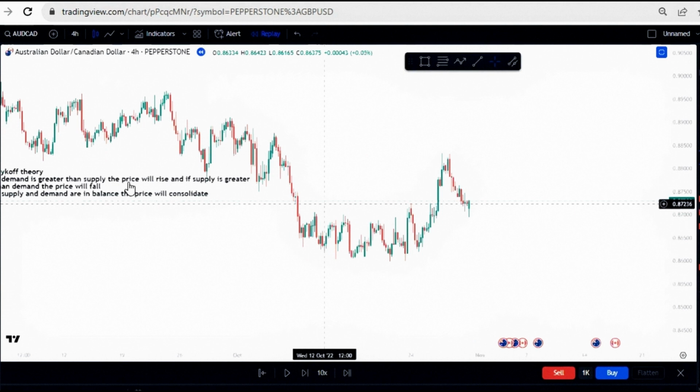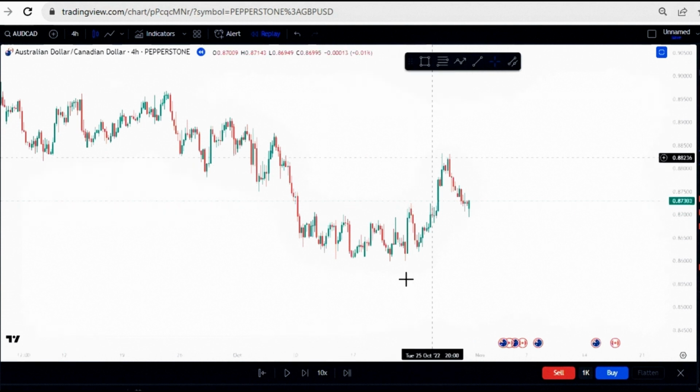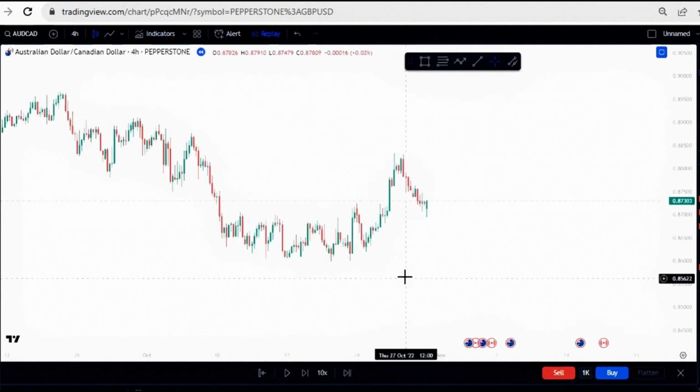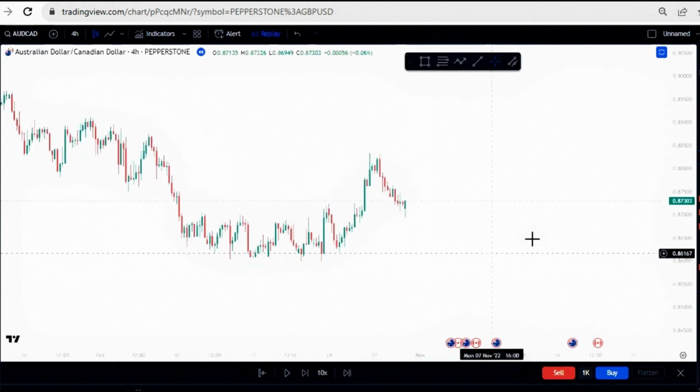Now, we need to know how to locate these supply and demand zones on our chart. We'll start with the demand zone. A demand zone is where the price makes a sharp move. That is big green candles.